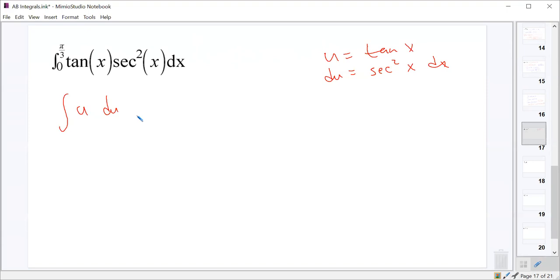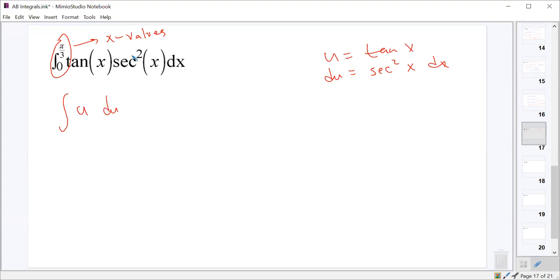Now, we have a problem though, which is, what was this function in terms of? Our integrand was all in terms of x. And what does that tell you about these values? Those values are x values, aren't they? Yeah. So now I've got an integral in terms of u.